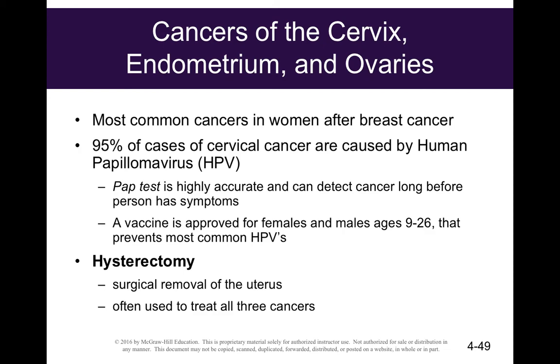If someone has cancer of the endometrium, they'll oftentimes do a hysterectomy, a surgical removal of the uterus. And sometimes in cancers of the cervix that are not able to be treated through a cone biopsy or cryotherapy, they may also do a hysterectomy.